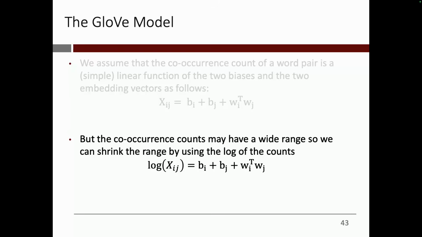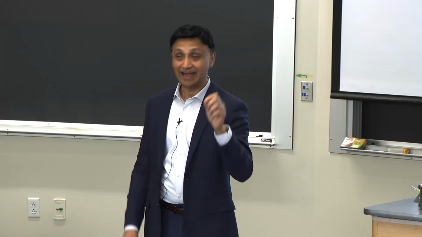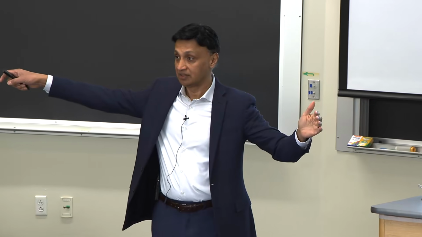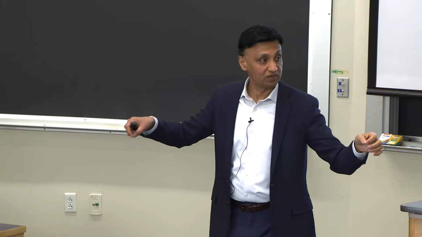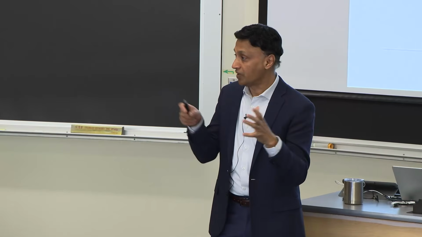Now you may have seen from your good old linear regression that whenever your dependent variable happens to be guaranteed to be positive, and it ends up having a big range, we always advise you folks to take the logarithmic transformation to squash it into a narrow range, because that will make these models much more well-behaved.